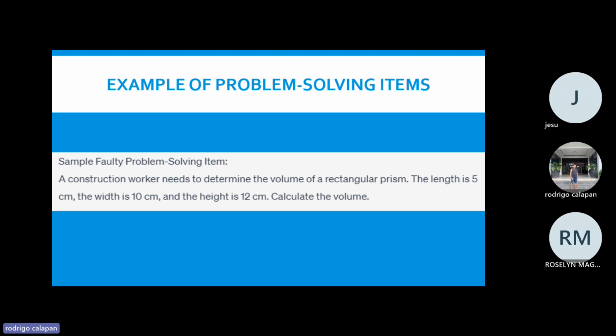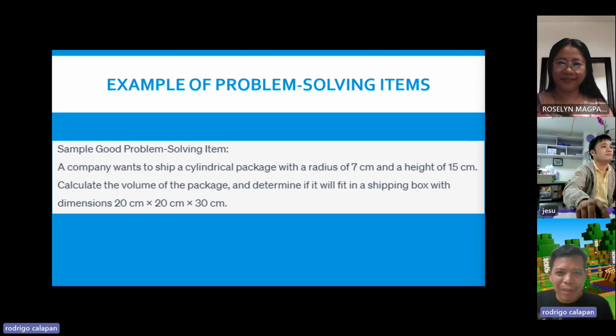But if you are trying to conduct this test to students who do not know about the calculation of the volume of a rectangular prism, you need to provide the formula. That is why this is considered as a faulty problem-solving item.